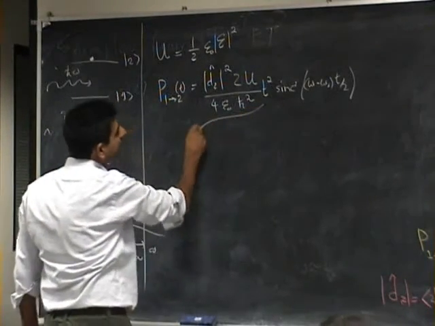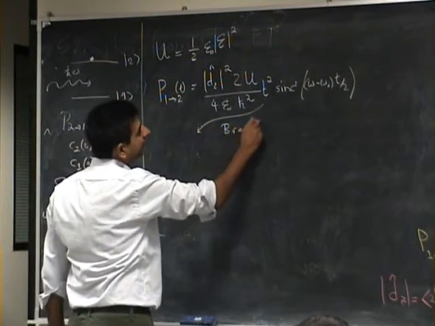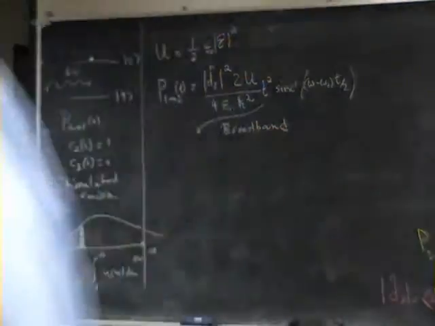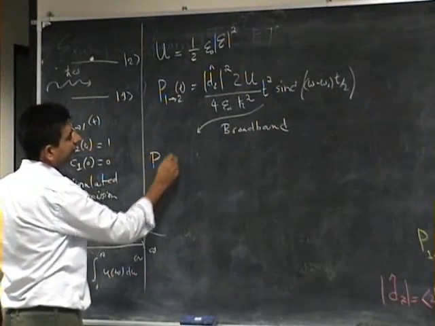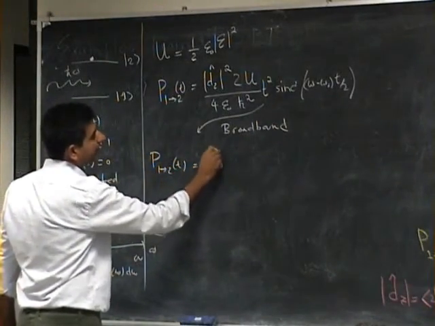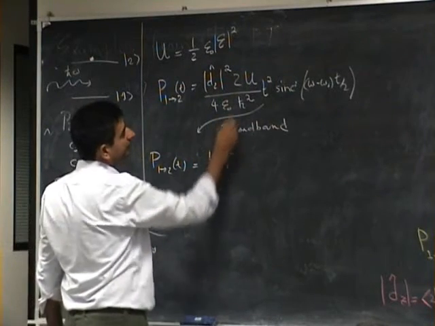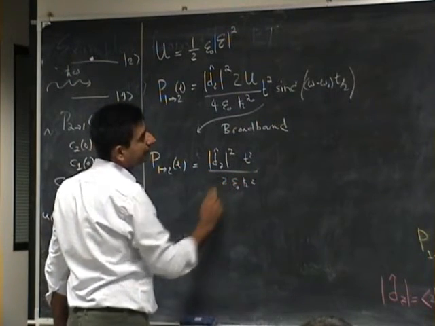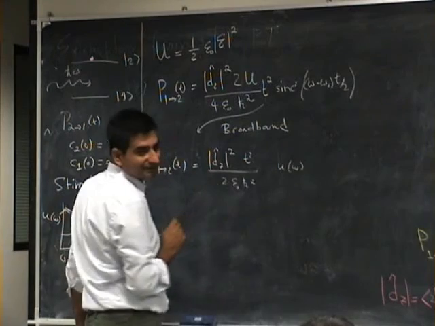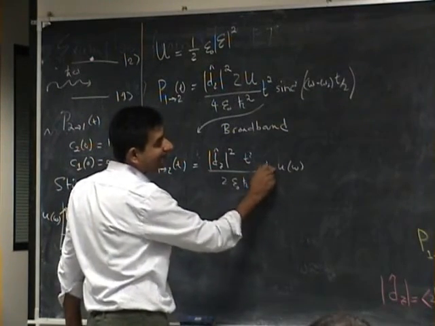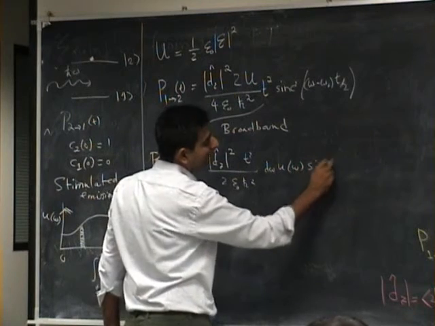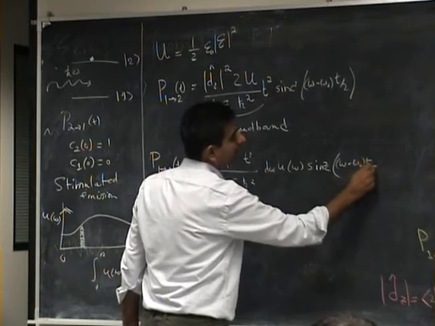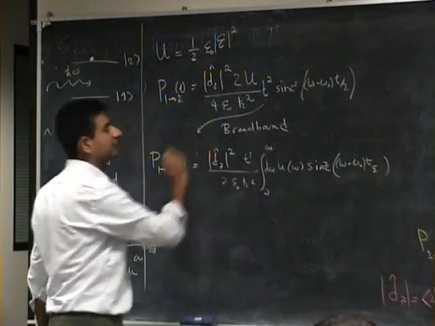So if I have a broadband source, that is I have a spectrum that looks like this, in which different frequencies are present, I can replace this probability by the following: dz matrix element squared, t squared, 2 epsilon naught h squared, small u omega d omega, sinc squared of (omega minus omega naught) t by 2, integrated from 0 to infinity.